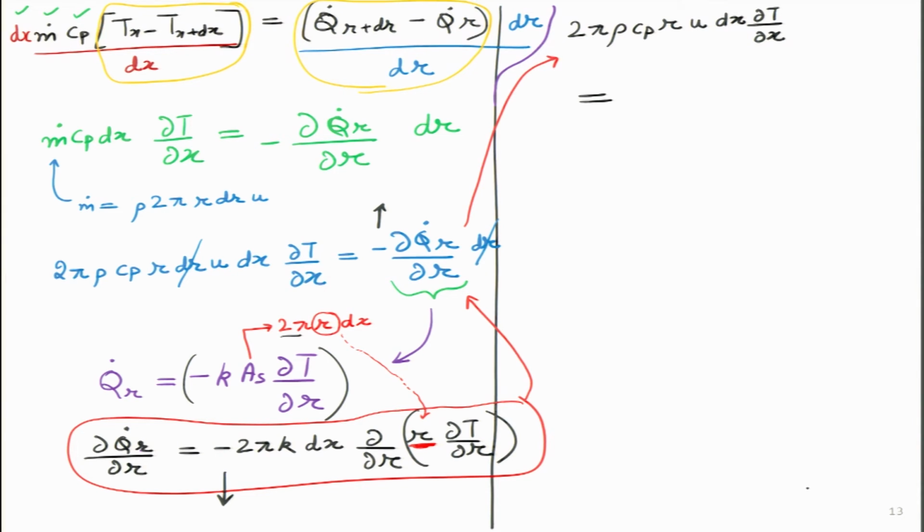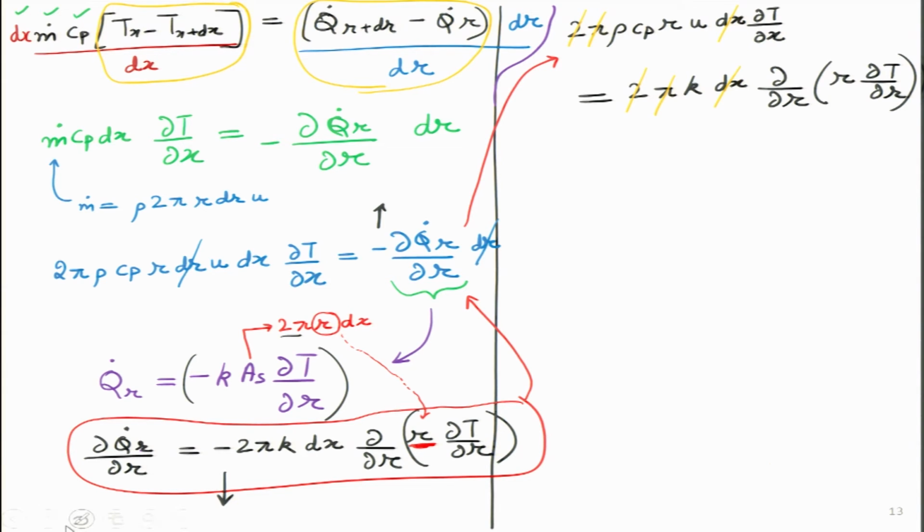And what I will get? I will get 2 pi k dx, and then the differential del by del r, r del t by del r. Now you can see lot of cancellations can take place. Let me go ahead and try. So 2 pi will get cancelled out, 2 pi over here, then dx will cancel out with dx, right?